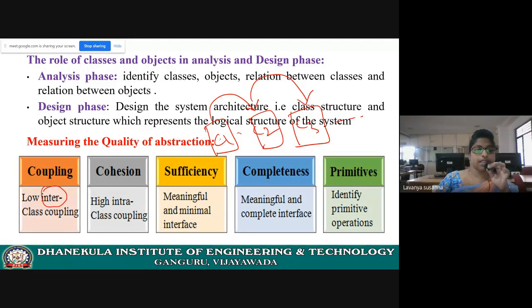Within the component there will be many subcomponents, right? Here high coupling must be there. Remember that. Sorry, one second.